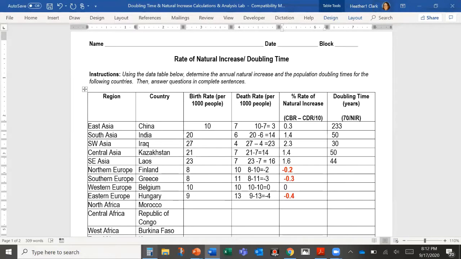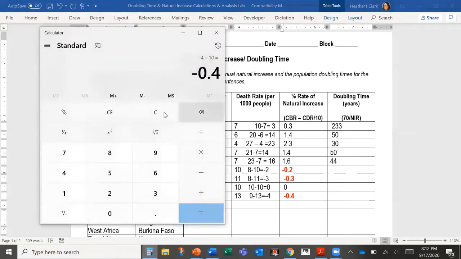So when you're looking at the totals, you might put in 70 divided by -0.2. Okay, 70 divided by -0.2, and you're going to get this number, -350. Well, when you have a -350, and we're talking about years to take to double, any negative means you're going backwards in time.